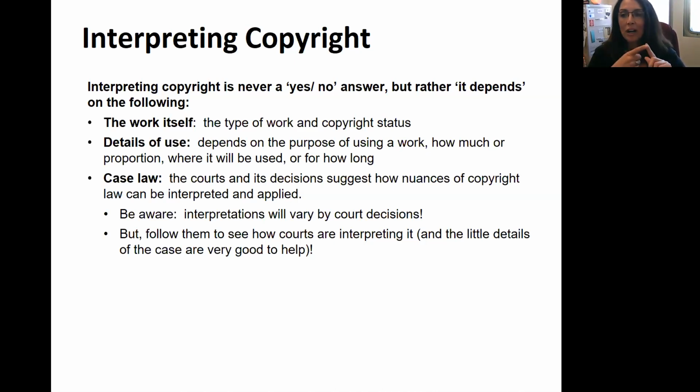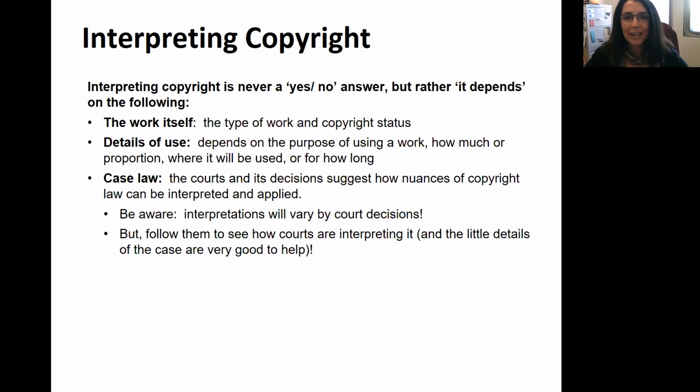So we have the law that gives us some guidelines. You have a work that you want to reuse, you have some details of how you want to reuse it, and then you have case law: how did the courts interpret this recently? So those are some things that you'll apply in interpreting copyright.